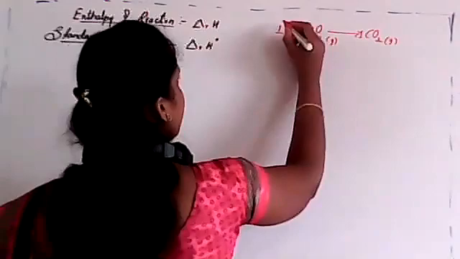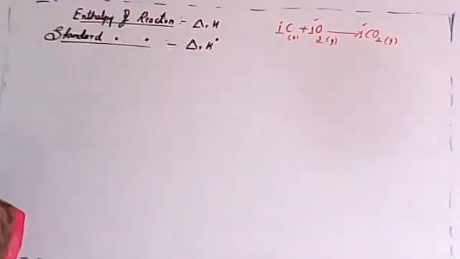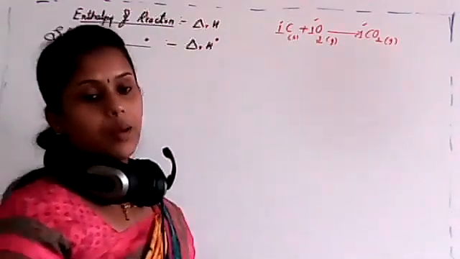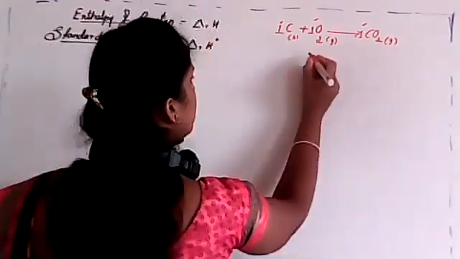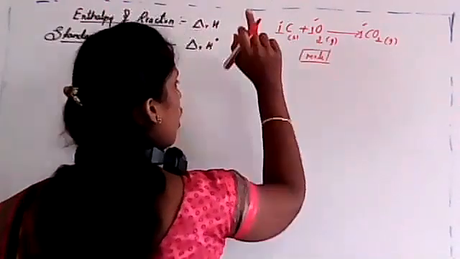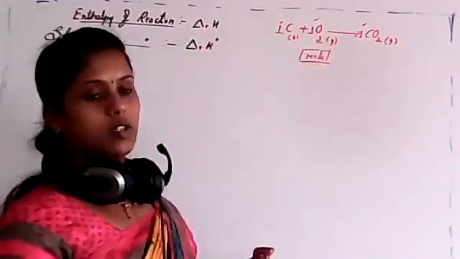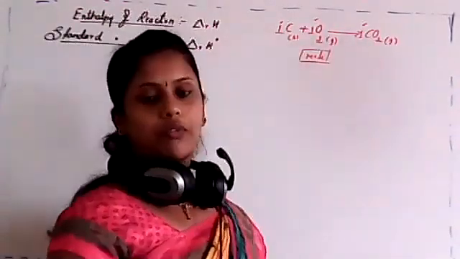Whenever we consider these numbers, those are stoichiometric coefficients, which explain about moles. Yes, 1 mole of carbon reacts with only 1 mole of oxygen and gives 1 mole of carbon dioxide.